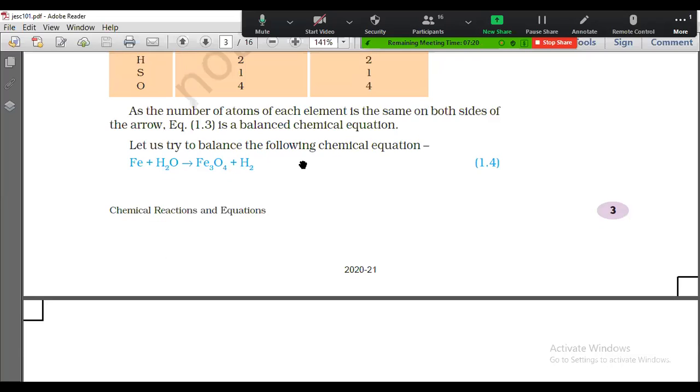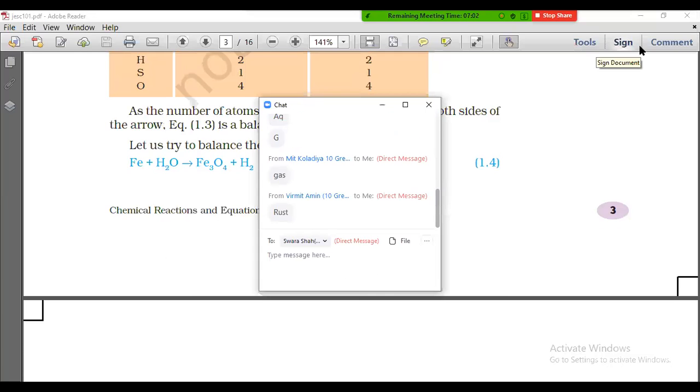What is this equation for? Iron plus water gives you iron oxide plus hydrogen gas. There was one very interesting term in 8th standard chemistry for this, starting with R. Very good, Virmit. I see somebody has studied at least.